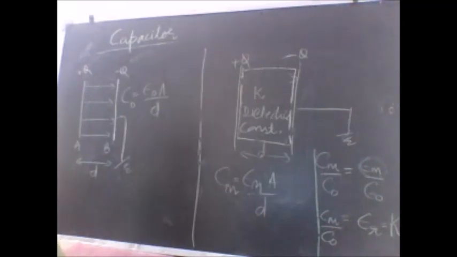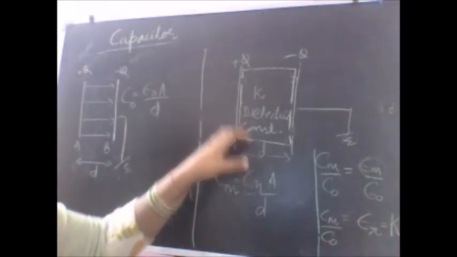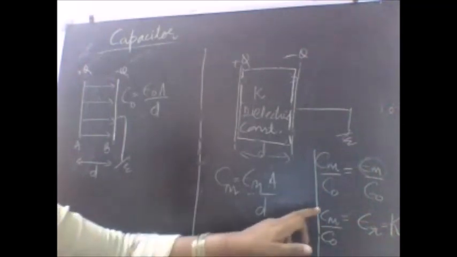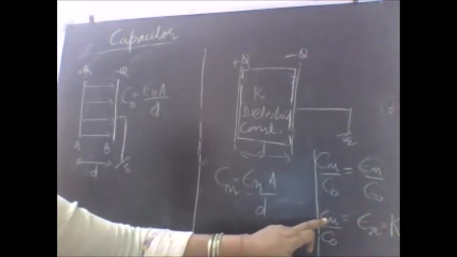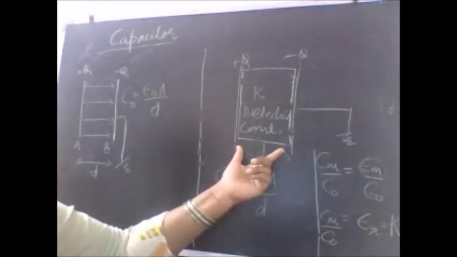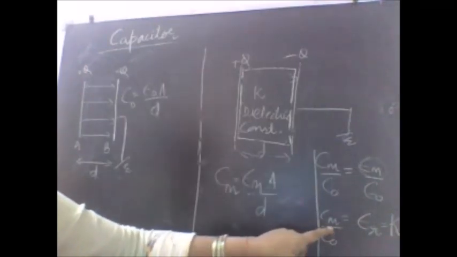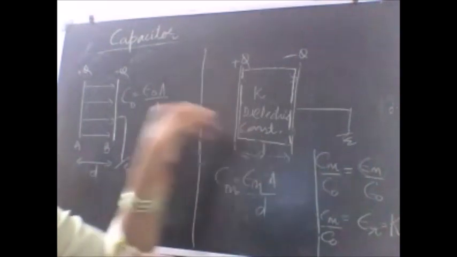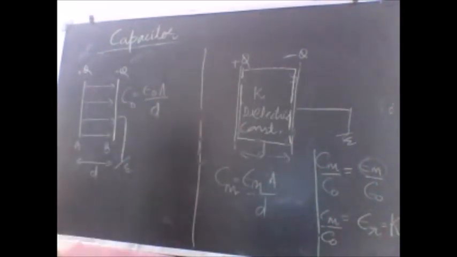That means if this parallel plate capacitor is given to me and I dip it in a medium, say water, then the capacitance of this parallel plate capacitor with the medium in will rise to 81 times the initial capacitance.